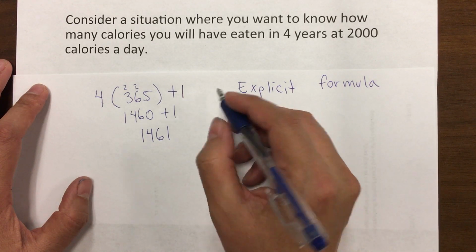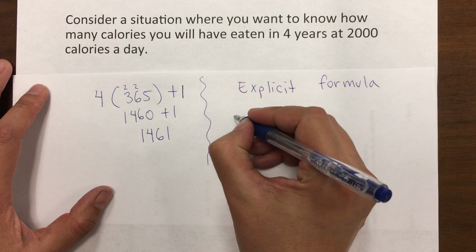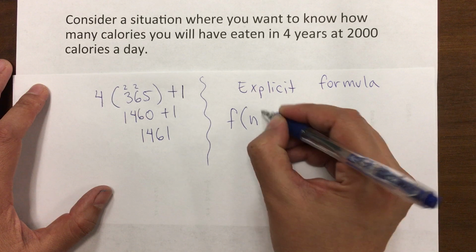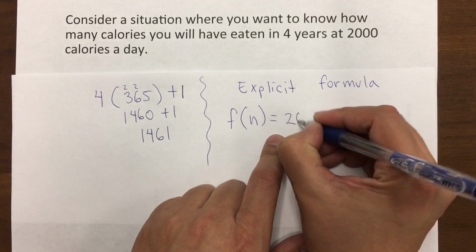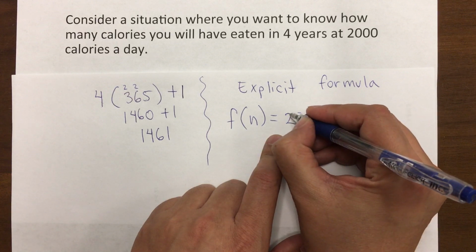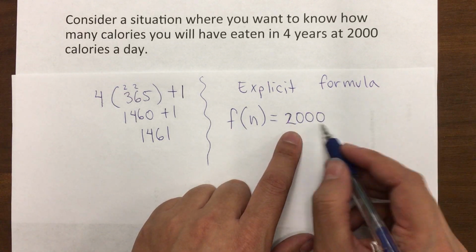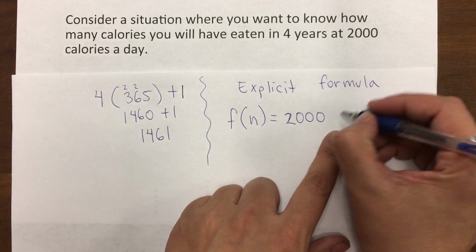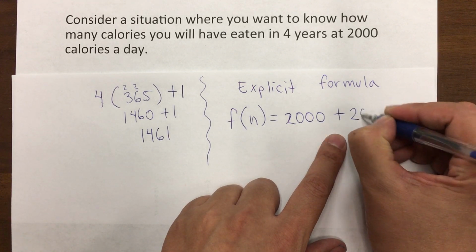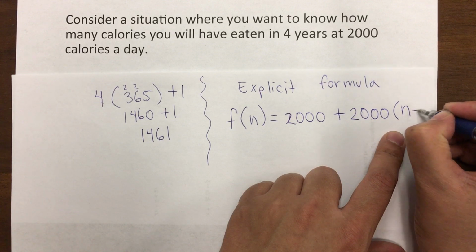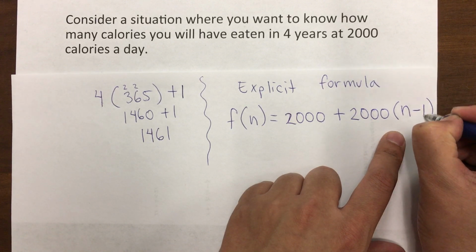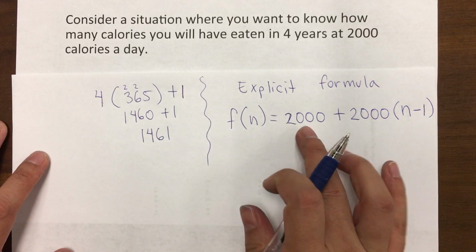And what is happening? Well, for my explicit formula, I always have f of n equals the initial point, meaning what I intake the first day, which is 2,000, plus the 2,000 multiplied by the number of days minus 1. Okay, because I'm not counting that first day since it's already in here.